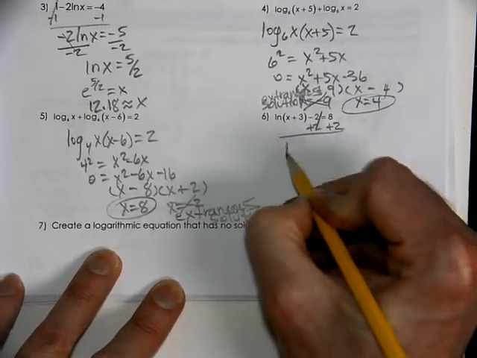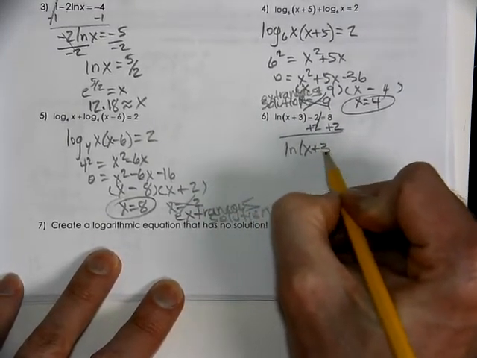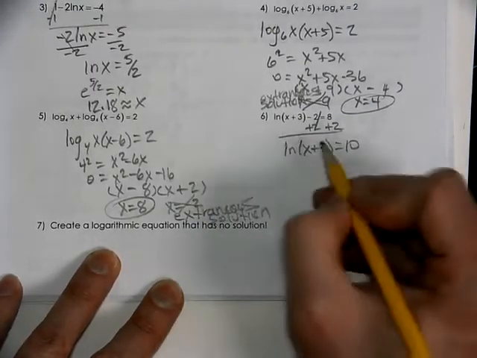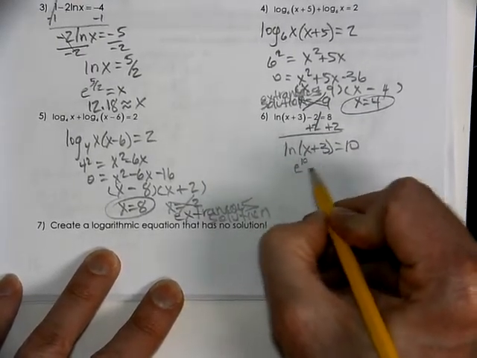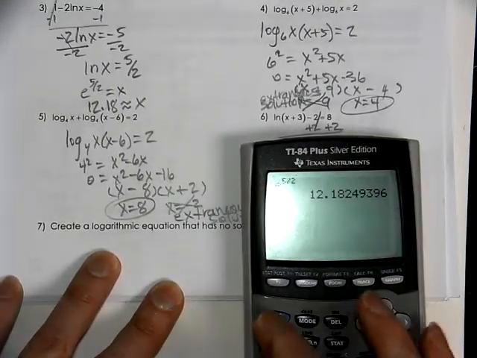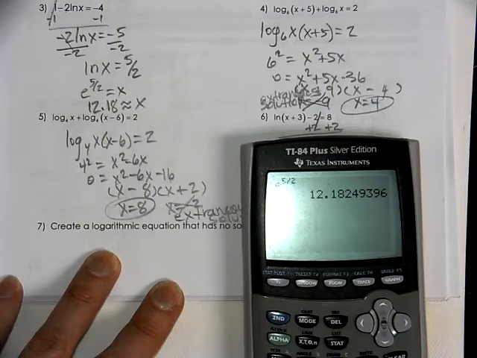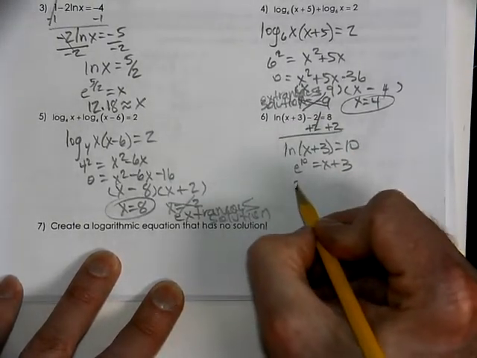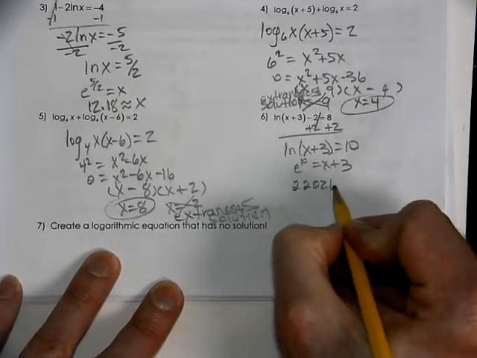And we can finish up by adding 2 across. So that's e to the 10th power equals x plus 3. E to the 10th power is 22,026.